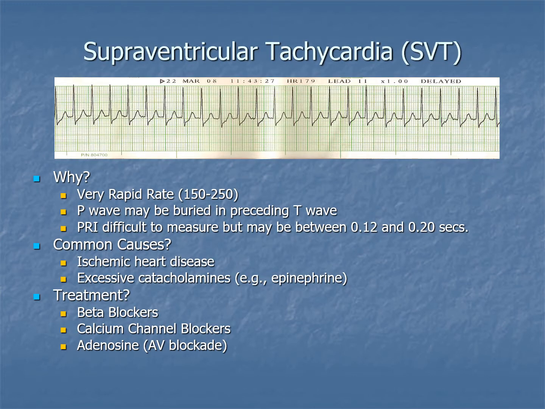Now, supraventricular tachycardia is more severe, more concerning than sinus tachycardia. The heart rate is higher, 150 to 250. The P waves may not be visualized because they're buried in the preceding T waves. Therefore, the PR interval may be difficult or impossible to measure. The other disconcerting part of supraventricular tachycardia is when the heart rate starts to exceed 160, 170 for adults.